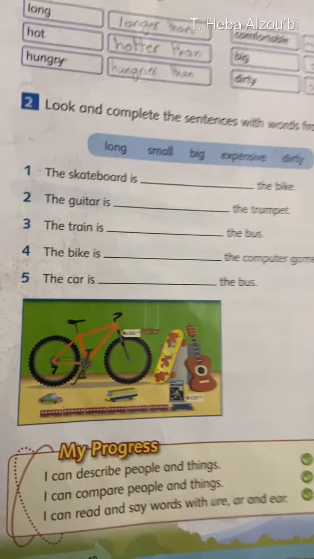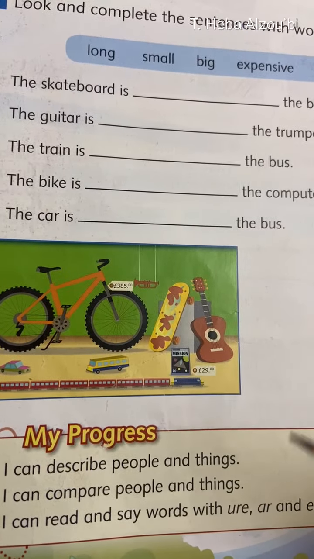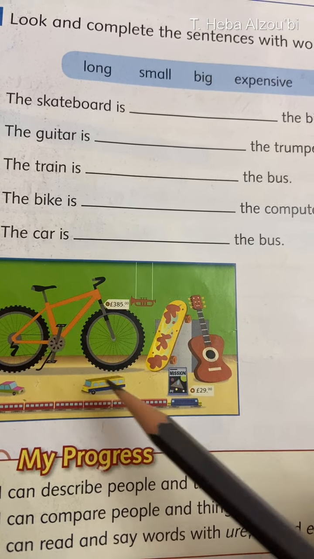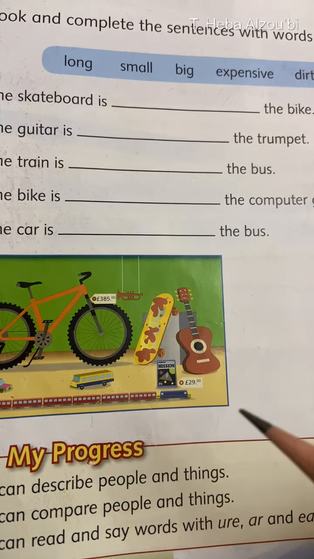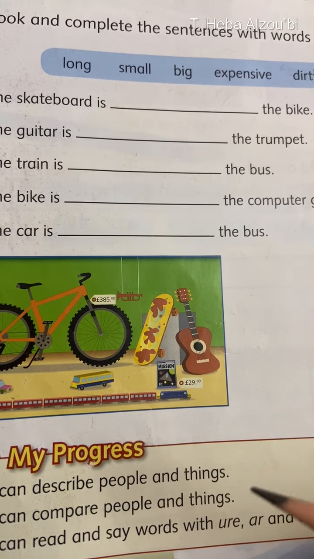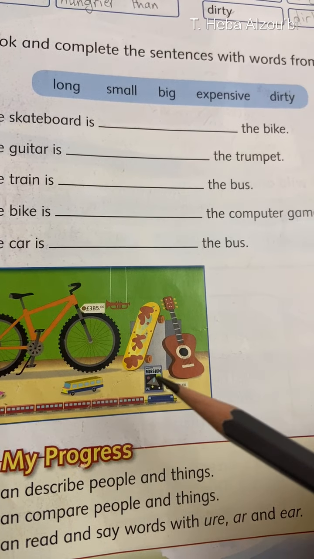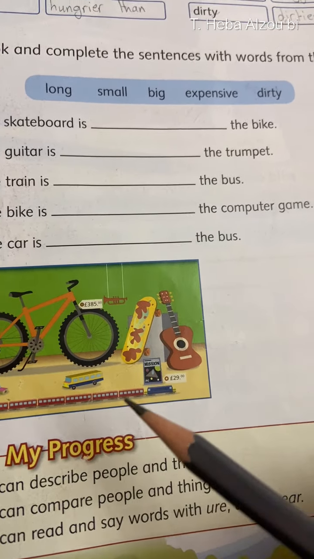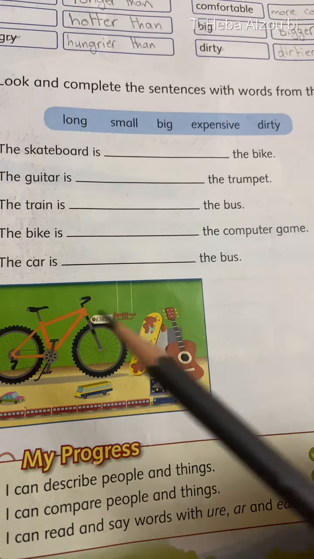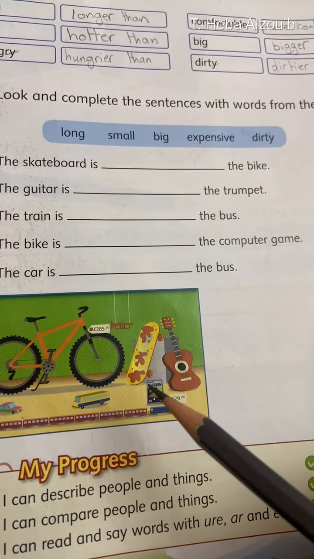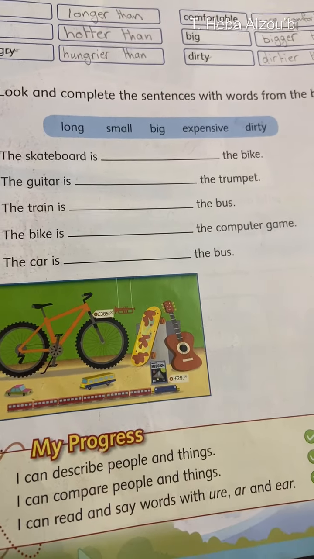But before that, let's look at the picture. We have a bike, trumpet, skateboard, guitar, a computer game, a train, a car, and a bus. We're going to use the comparative form of these adjectives.